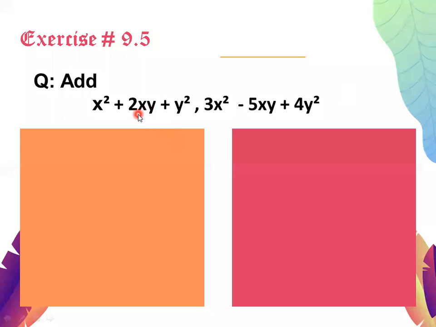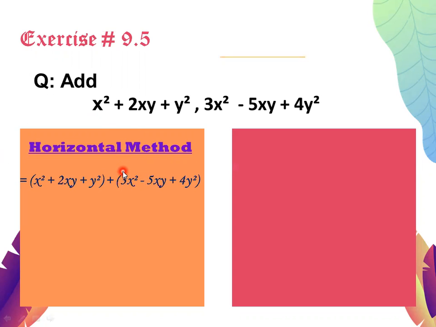Now you have to perform this addition. How will you perform it? First you will use the horizontal method. So how will you add horizontally? You will write both the first and second expression inside brackets, just like this.